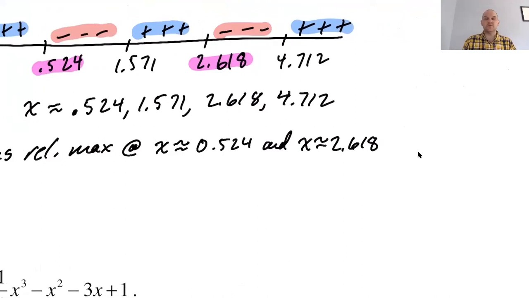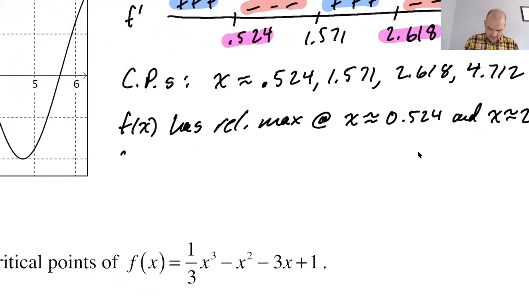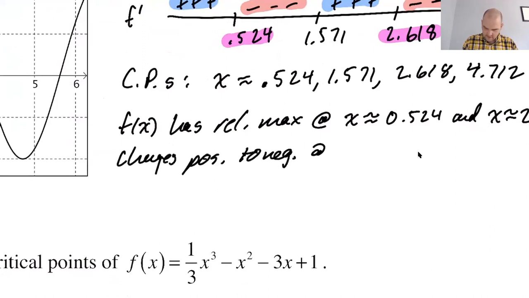You'd have a relative maximum because the derivative changed from positive to negative. So I'm going to say because f prime of x changes positive to negative at those values. So at those x values, let's say. X values. All right, there we go.